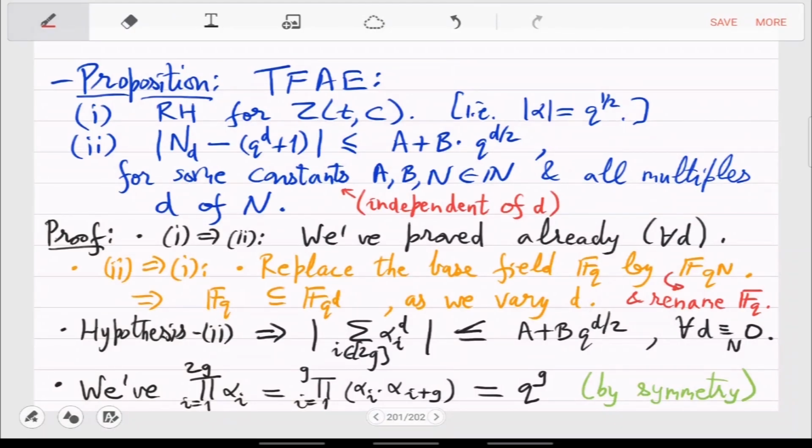Not only have I changed the base, but this q raised to n I continue to call FQ instead of introducing a new variable. So now when I say q raised to d, originally it's q raised to nd.